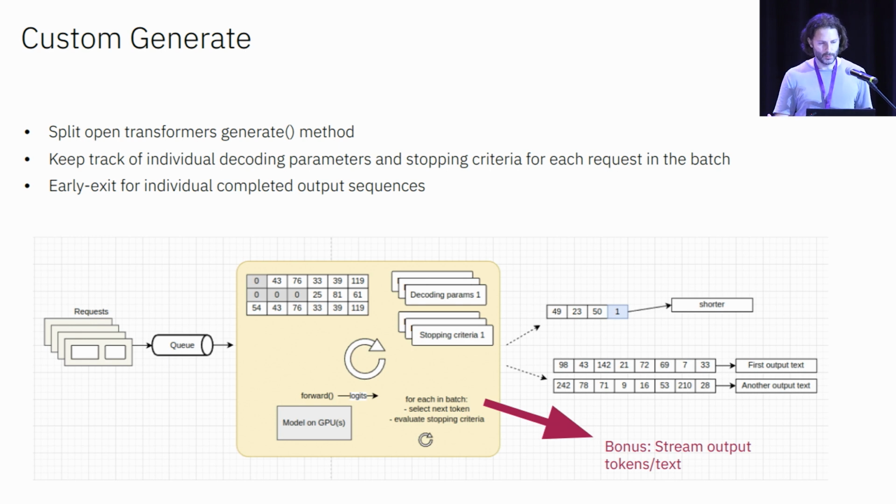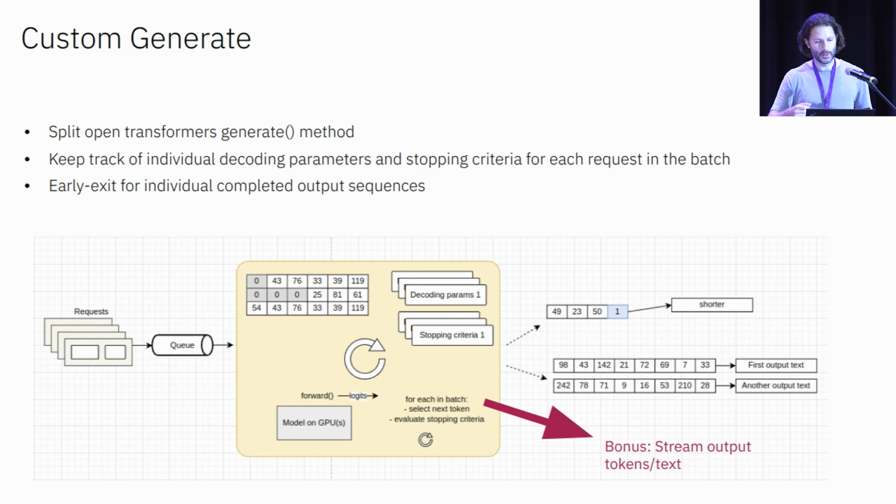So the solution to this was to split open the generate method, and inside there's basically a loop where you're generating each token one at a time. Instead of applying the parameters to choose the next token in the same way across all of the entries in the batch, we keep track of the different parameters, and we can do those one by one for each of the elements in the batch.